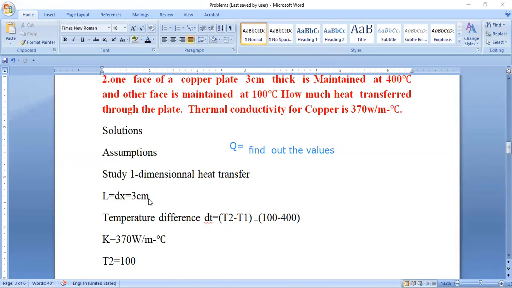See, L is equal to dx, the length of the plate, 3 centimeter. Temperature difference dT is equal to T2 minus T1. Just I will draw the furnace wall here.